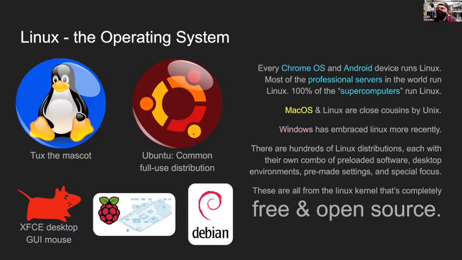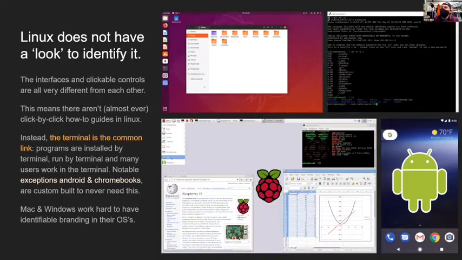So there's a ton of different interesting things, and Linux has lots of different versions that look very different. These are all different versions of Linux that are on screen now, different ways that it can look. As we describe Linux as an operating system that we'll play around with a little bit this week, because it's at the core of many servers, remember that it doesn't have a key look.